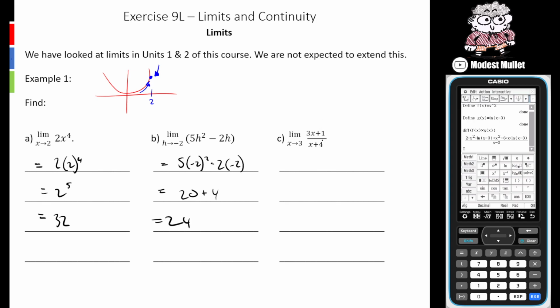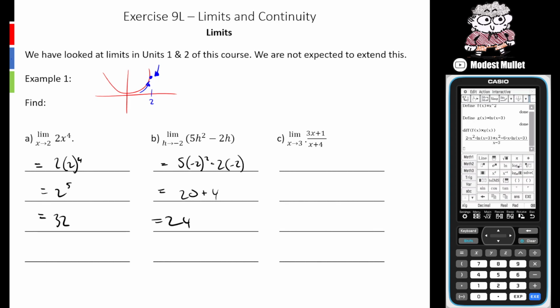This third one, the key thing to note is that if we were trying to find the limit when x is equal to negative 4, then we'd have an issue because the denominator becomes 0. So that function isn't defined at that point, but maybe if we could factorize that out and solve for that, then we might find what it is actually approaching. But in this case, we're not trying to find the limit when x equals negative 4.